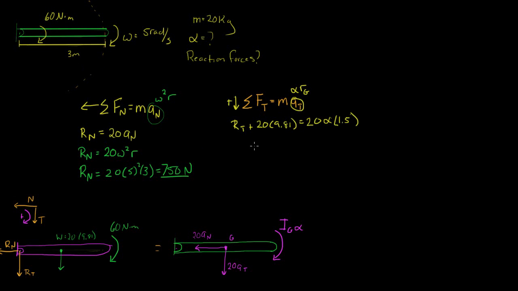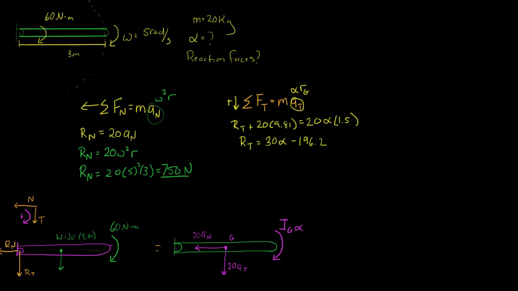And so I can move terms around and get my tangential reaction is equal to 30 alpha minus 196.2.